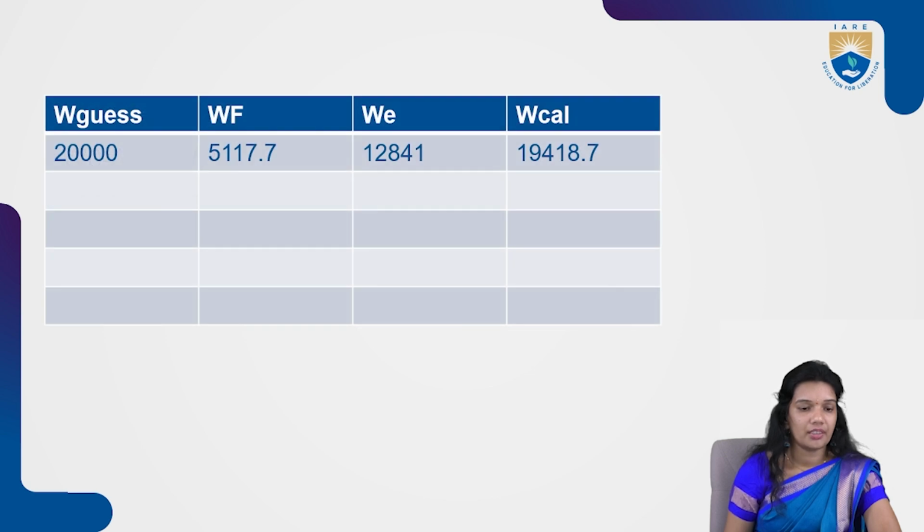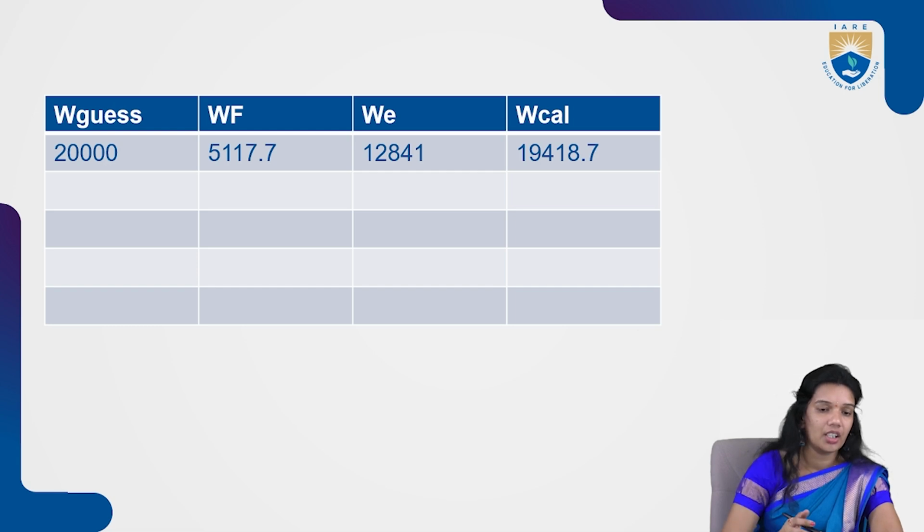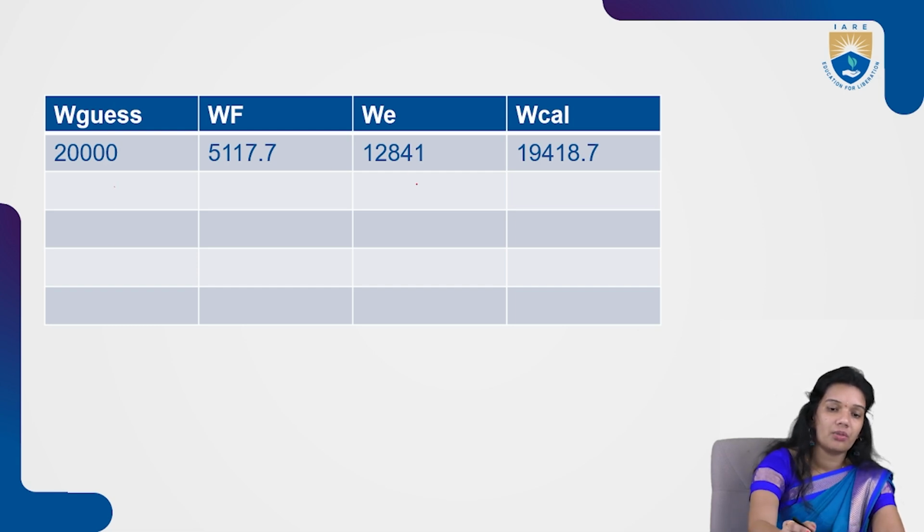Now with respect to that, we make iterations, right? We make iterations and we try to guess. We are guessing at 20,000, right? When you guess at 20,000 and substitute here, you're going to get an empty weight fraction, because W0 was an unknown term here, right?